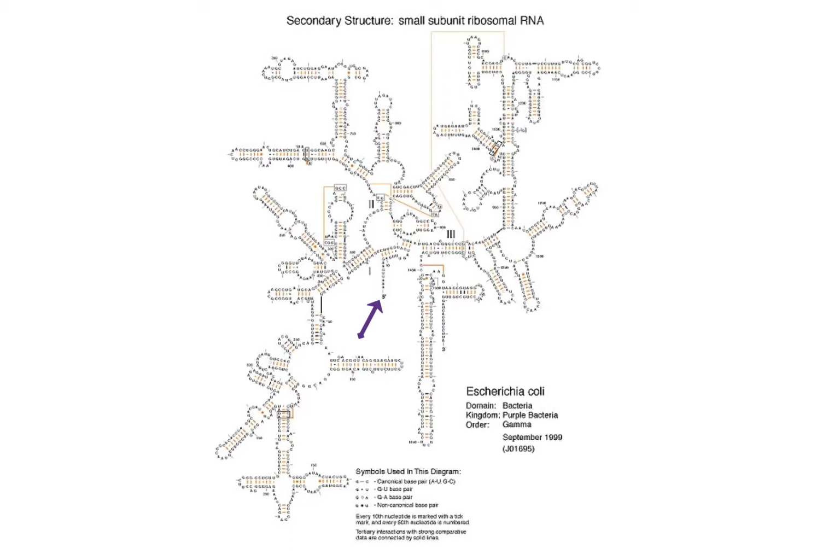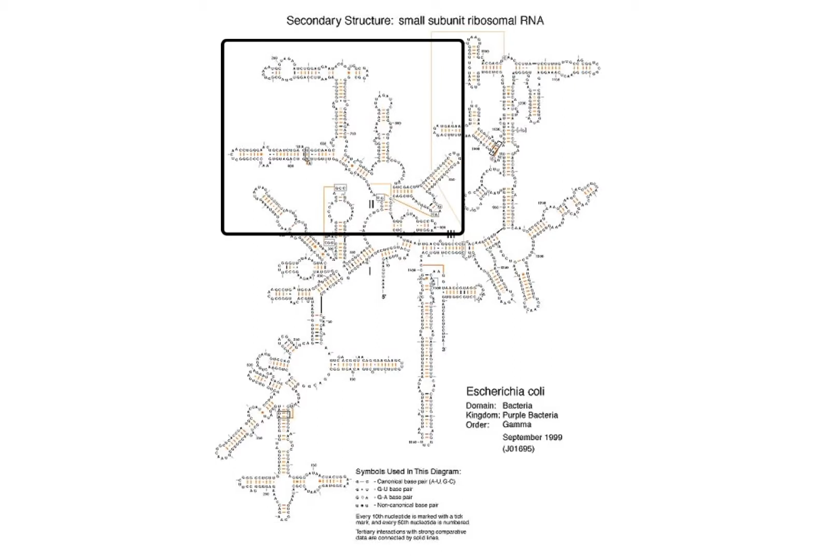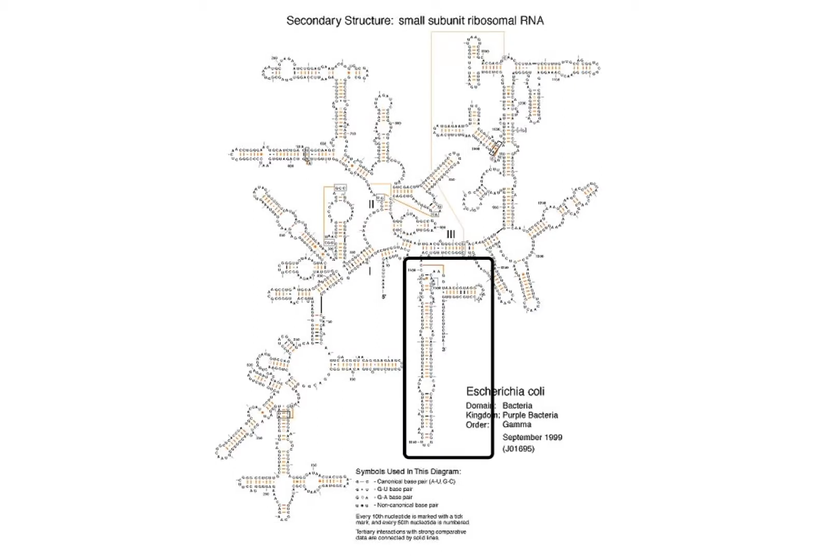The 5' end is right here, and then you go through different domains, this domain up here, and then through this domain, and finally this final domain down here with the 3' end being here, ending in what's called the anti-Shine-Dalgarno sequence there, and it attaches to or hybridizes to the Shine-Dalgarno sequence of the mRNA in bacteria. So that's the first region that hybridizes to the ribosomal RNA and the ribosomal small subunit, which attaches that RNA to that ribosomal subunit.